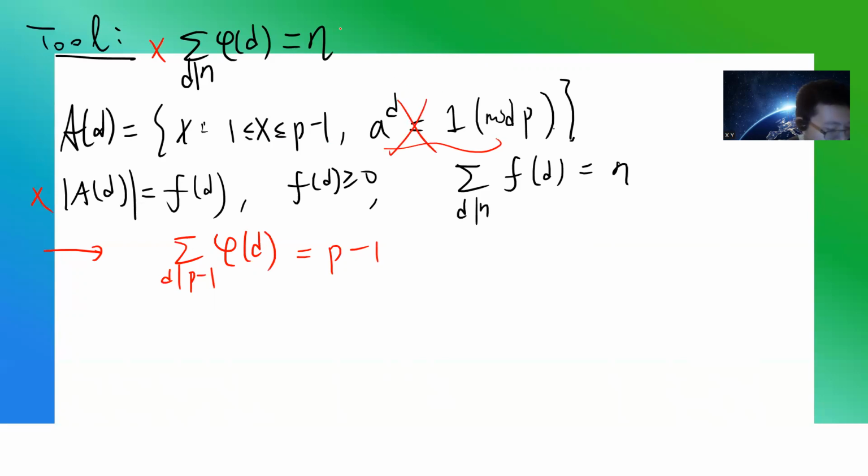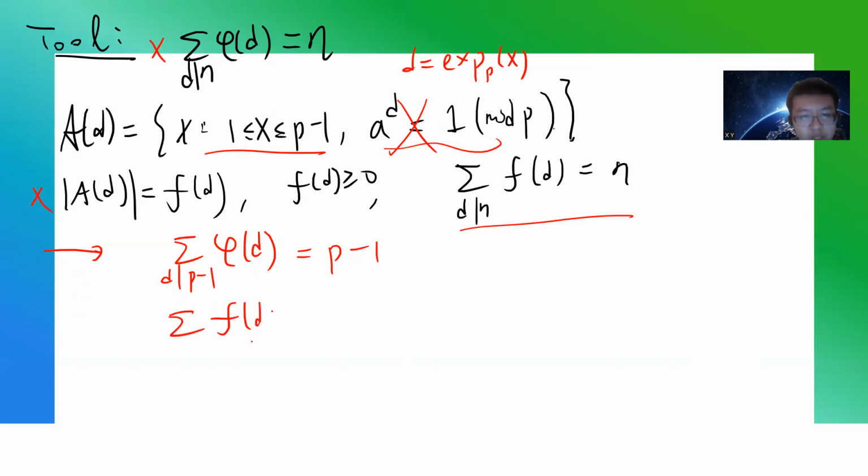I should not write this; I should write d to be the minimum order, right? So this is the disjoint union of the original set, and the total has p minus 1 elements. So by definition, the sum of f of d over d dividing p minus 1 is also p minus 1.